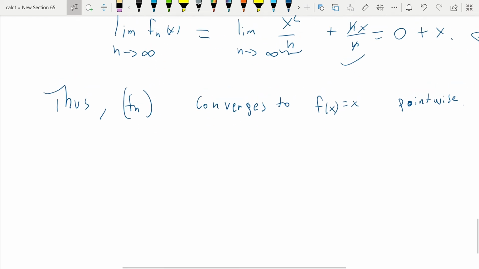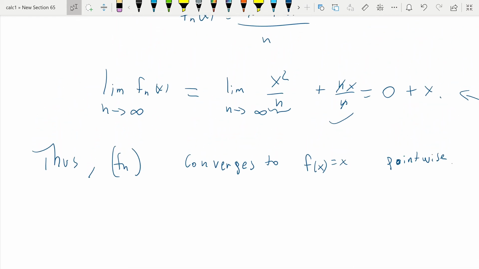But you see here, something funny is going to happen. The convergence here will not be uniform. You see that in order to make x squared over n small, you're going to have to pick an n that is going to depend on how big x is.